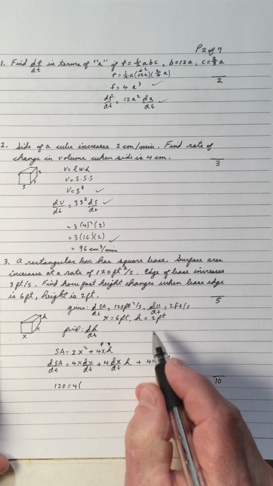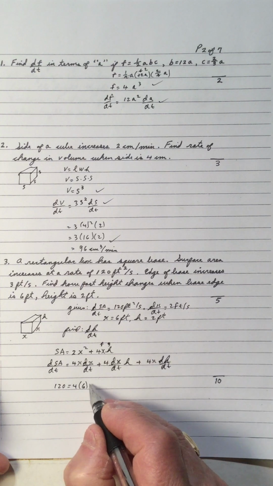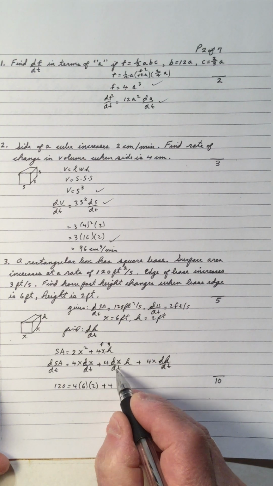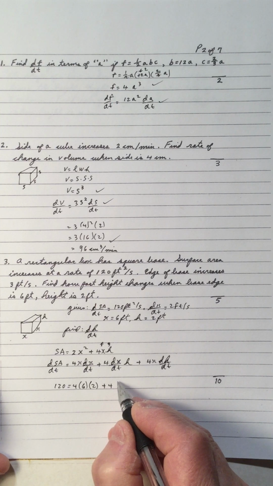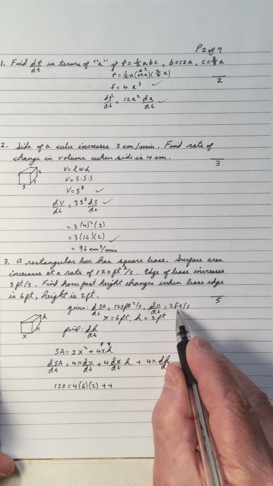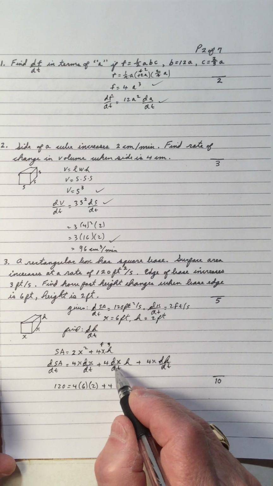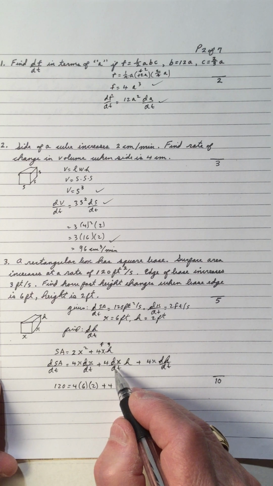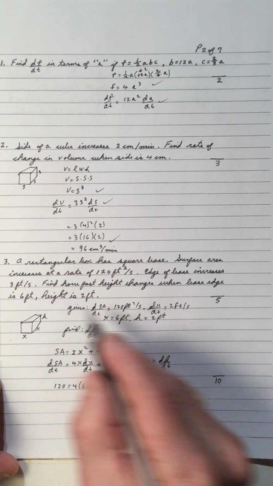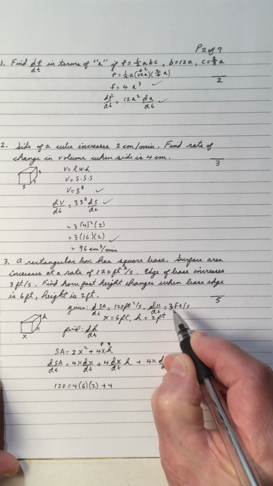x is 6, dx/dt is 2, 4 times 2. Look what I said, I wrote down 2 here, but it's supposed to be 3.